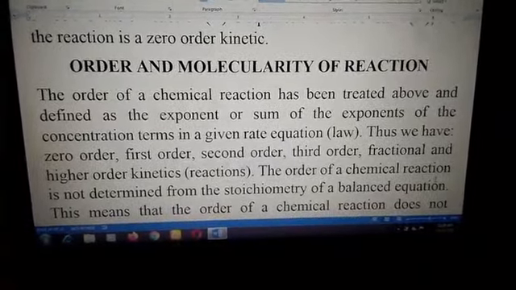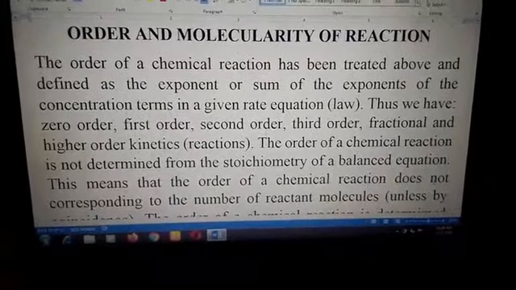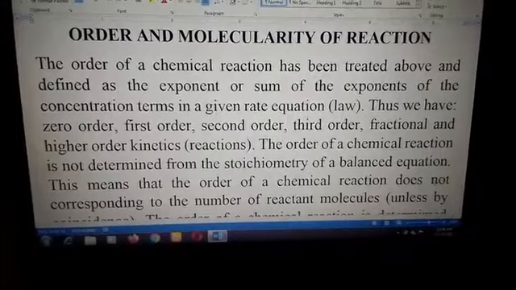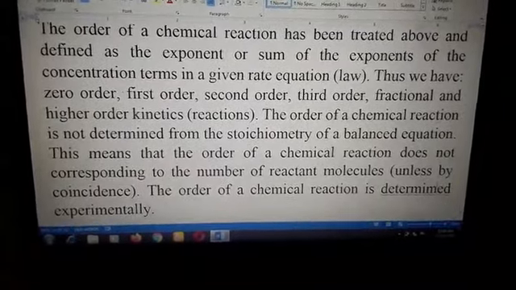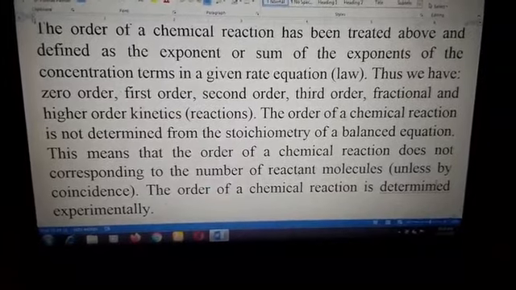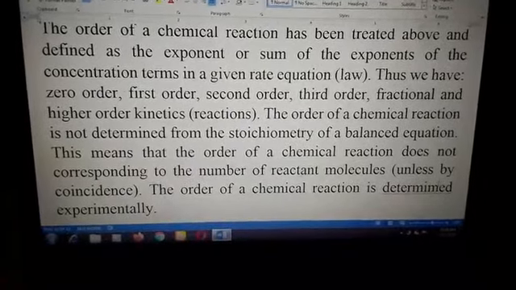So the order of a chemical reaction is not determined from the stoichiometry of a balanced equation. This means that the order of a chemical reaction does not correspond to the number of reactant molecules unless by coincidence. The order of a chemical reaction is determined by experiment, or experimentally.